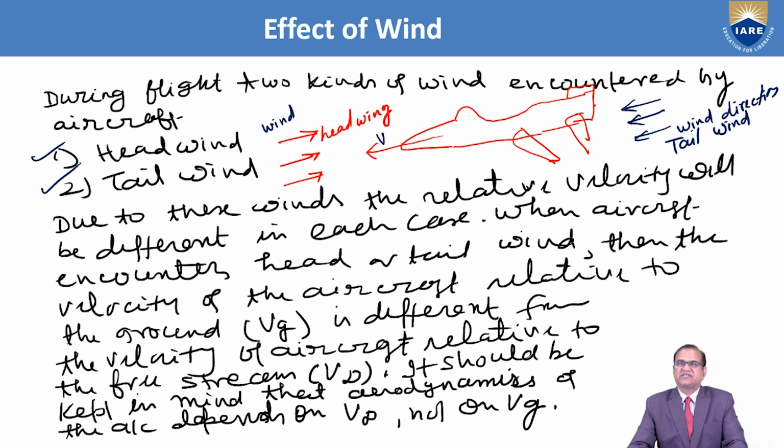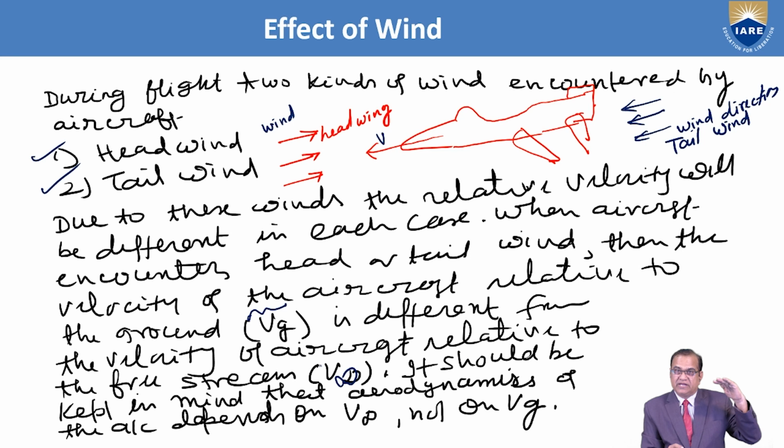Due to these winds, the relative velocity will be different in each case. When the aircraft encounters headwind or tailwind, the velocity of the aircraft relative to the ground is called Vg. So understand that one new term has come, that is velocity with respect to the ground. Vg is different from the velocity of the aircraft relative to the free stream, that is V infinity.